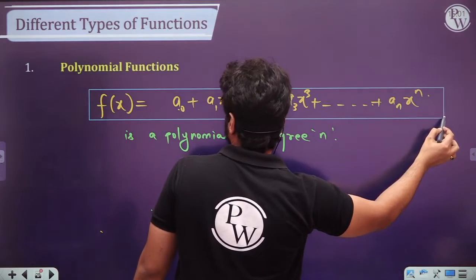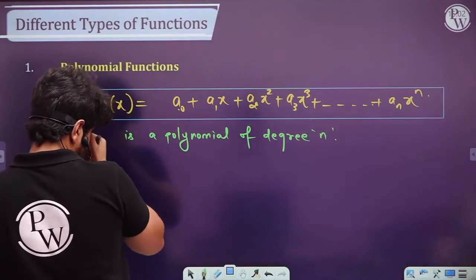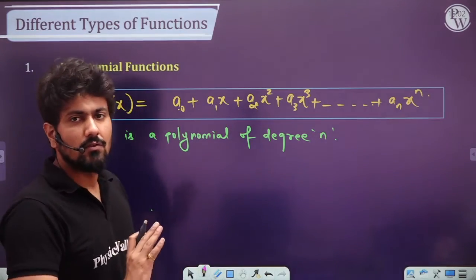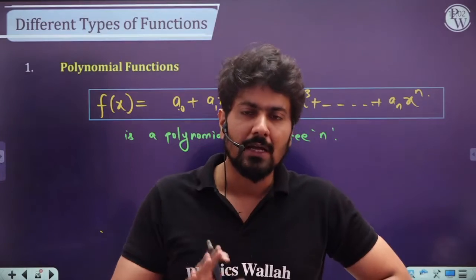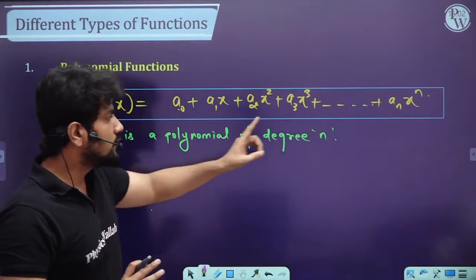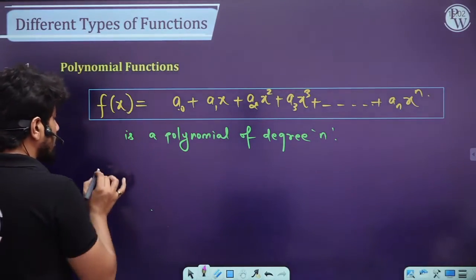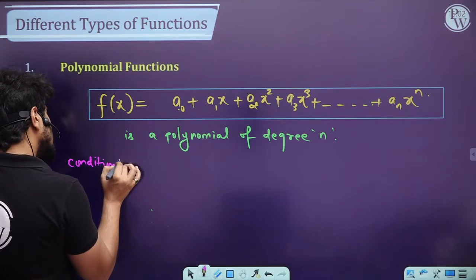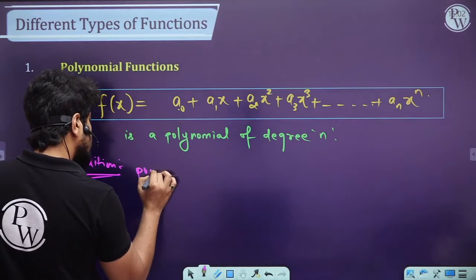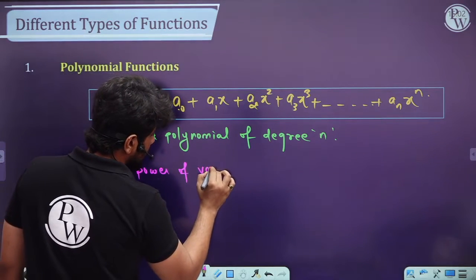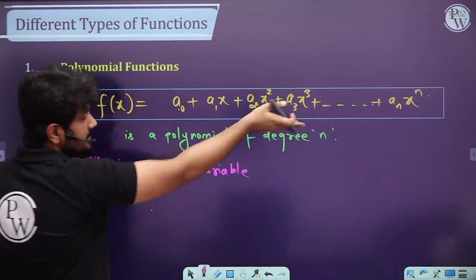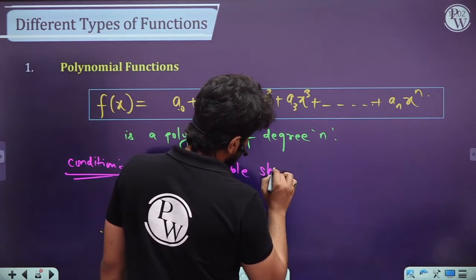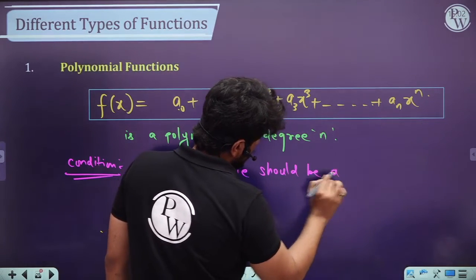Are we clear till now? So basically, what is the condition for a function to be a polynomial function? The condition is that the power of the variable, here the variable is x, should be a whole number.